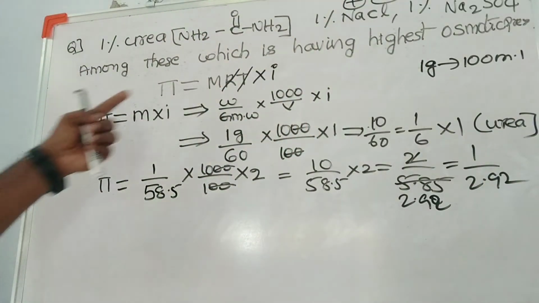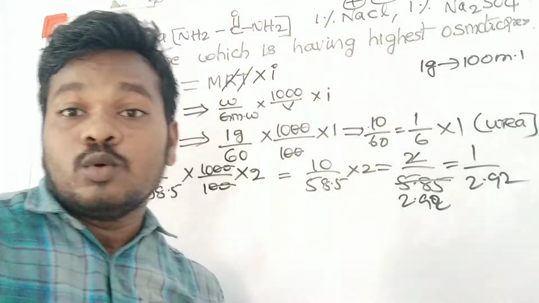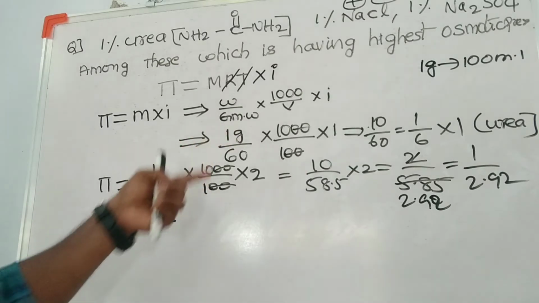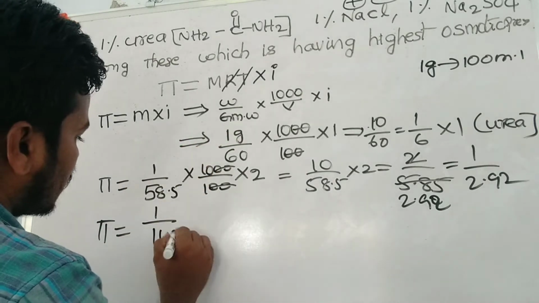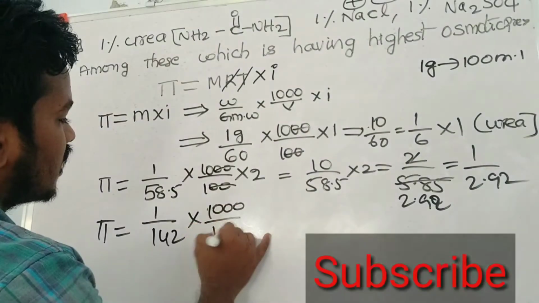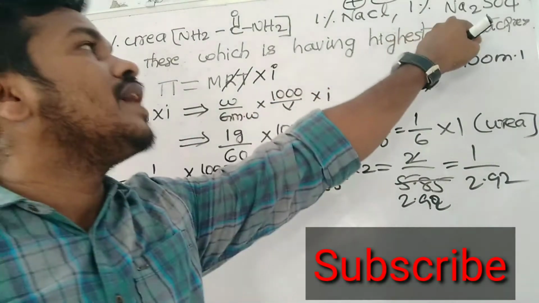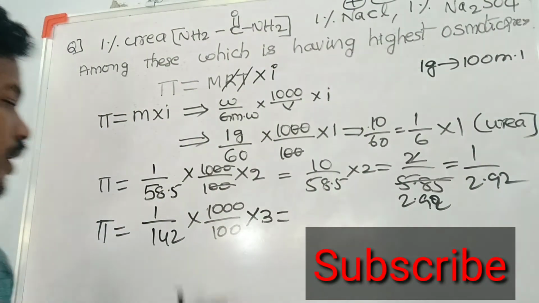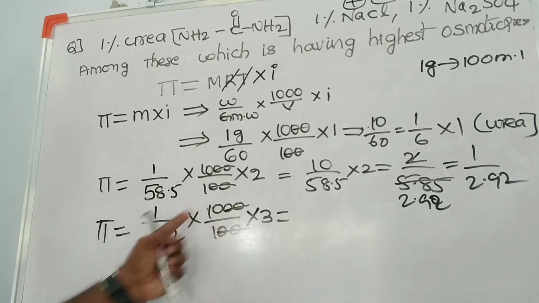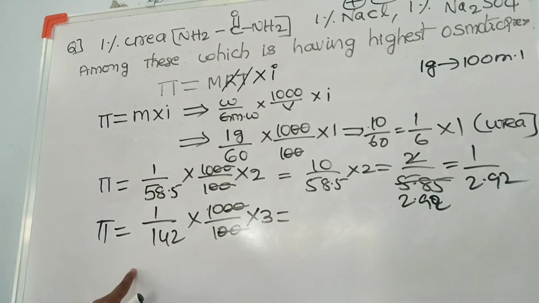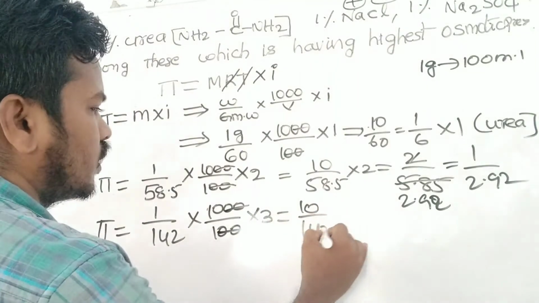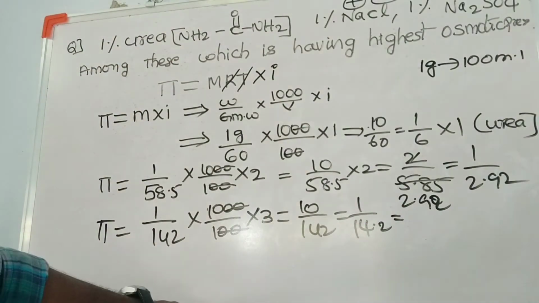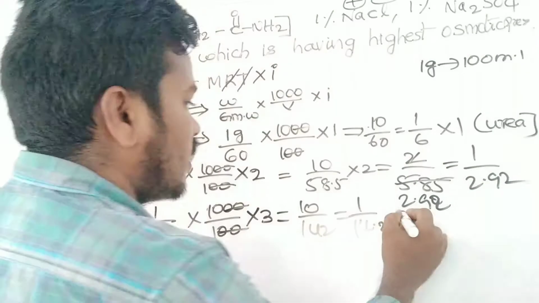Now the remaining one, 1% Na2SO4. Sodium sulfate has molecular weight 142, so 142 into 1000 upon 100, into the number of ions that form. 2 Na+ and SO4 2- give 3 ions, so into 3. 100 gets cancelled, giving 10 by 142, into 3.